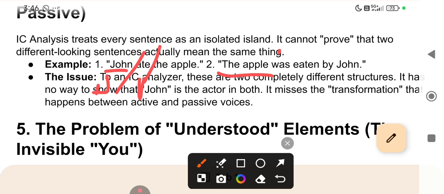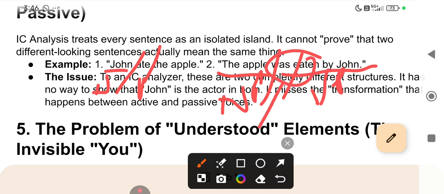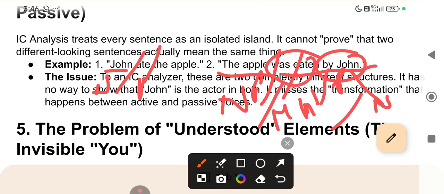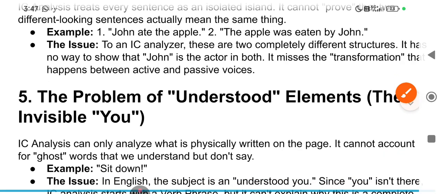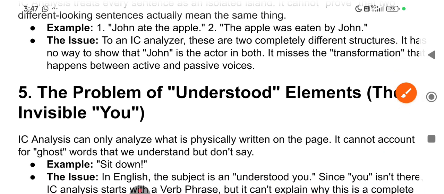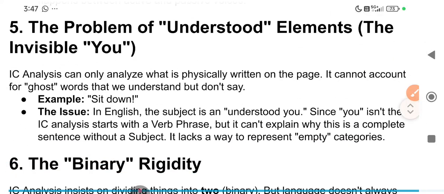But here the apple is the noun phrase, was eaten is the verb phrase, with was the helping verb and eaten the main verb, then by John, where by is a preposition and John is a noun. So who is the agent? Who is the actor? John. But here it changes. It becomes the apple. So that creates confusion, and that's why IC analysis is not successful for active and passive voice.